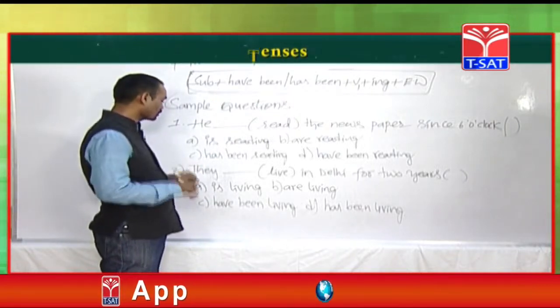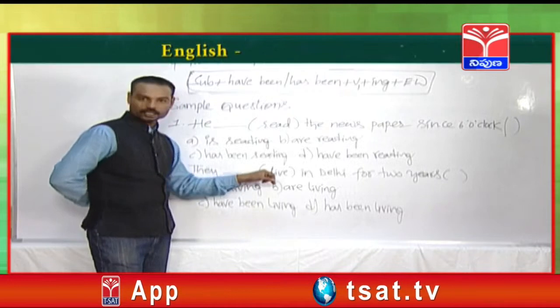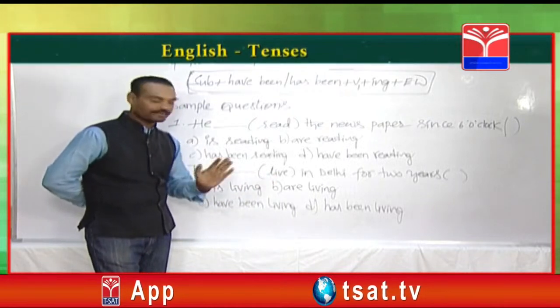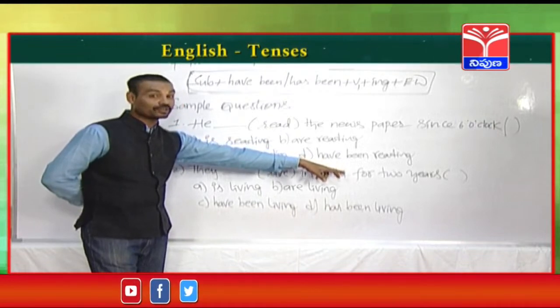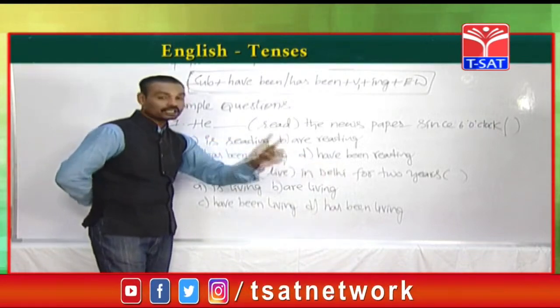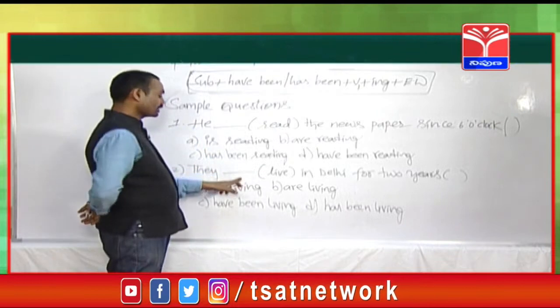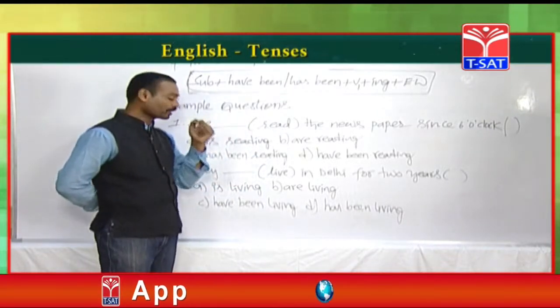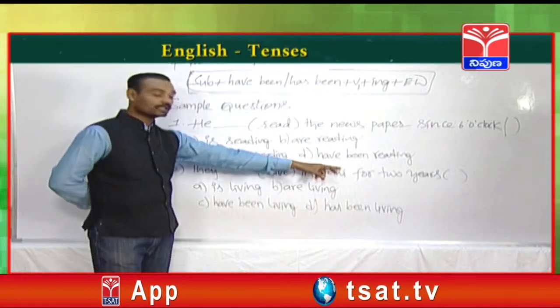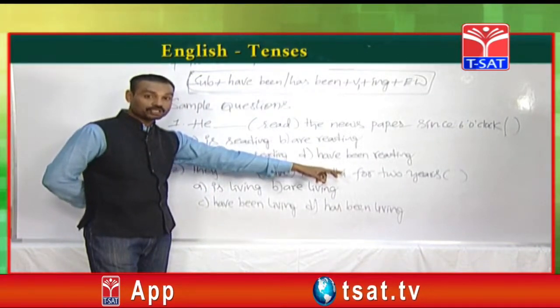Let's see the second question. They dash, under the bracket there is a verb, that is live, in Delhi for 2 years. For, this is the keyword. Whenever you see this keyword, you should know that this sentence has been given from present perfect continuous tense. Okay. After knowing the name of the tense, what should you do, dear friends?